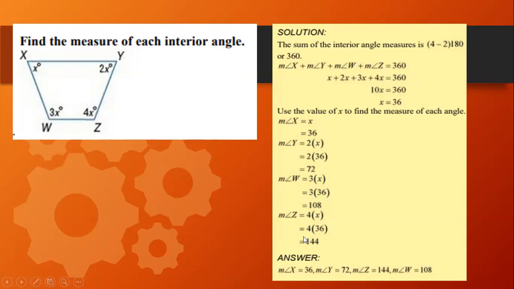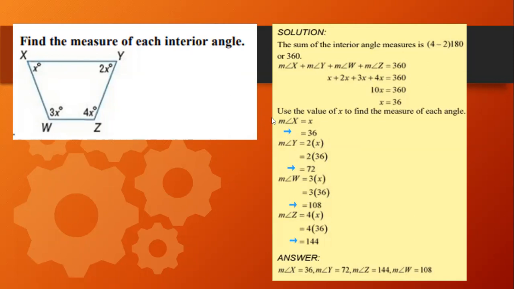And if you add all of these angles up, right here, if you add up this angle here, and this angle, and this angle, you will get 360 degrees.